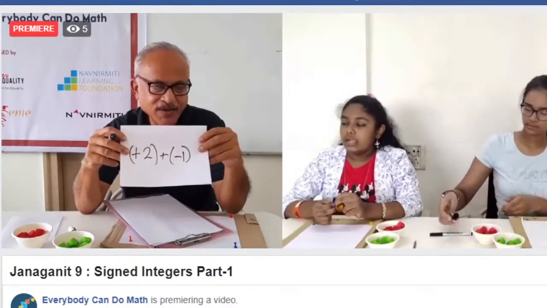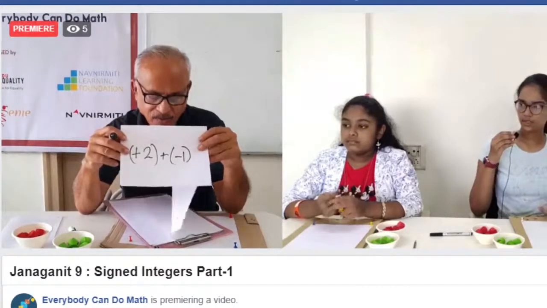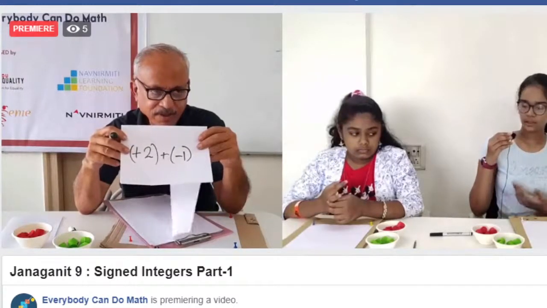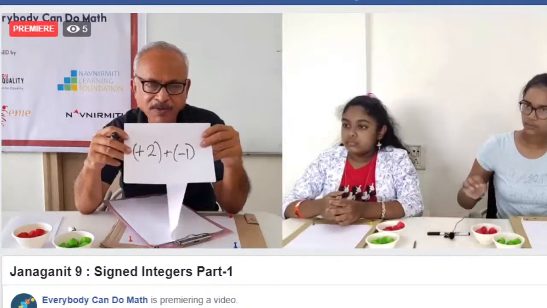Positive 1. Okay. Why is it positive 1? Because I have a loan of 1 rupee and 2 rupees in my account. If I repay the loan, I will be left with 1 rupee.